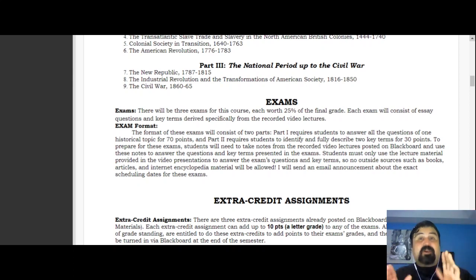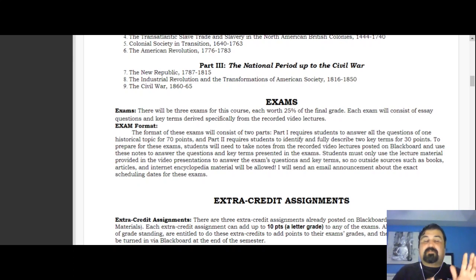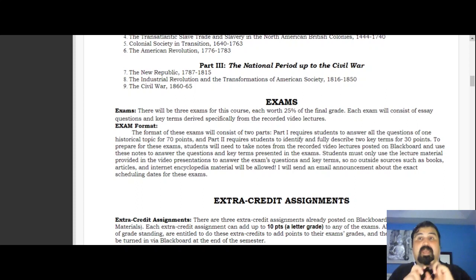So how you're going to prepare for those exams is just concentrating on the lecture material, gathering all of the notes that you can, and using that material to answer the questions of the topic and the key terms from another topic. That's pretty much your mission in this case.